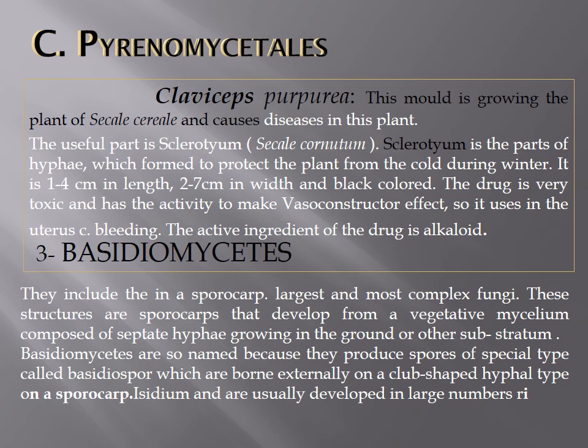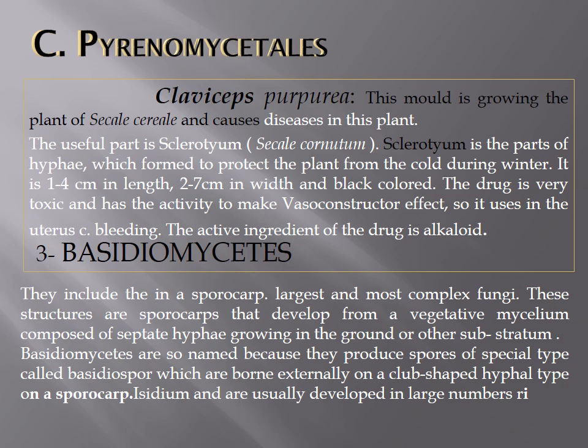Pyrenomycetales. The third type of fungi is Pyrenomycetales, and it includes Claviceps purpurea. The mold grows on the plant of Secale cereale and causes disease in the plants. The useful part is the sclerotium, which is Secale cornutum. Sclerotium is the part of the hypha formed to protect the plant from the cold during winter.